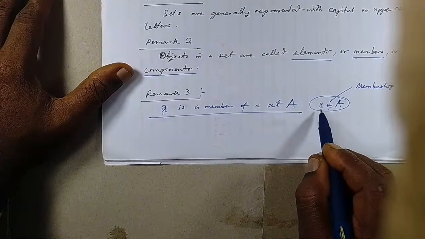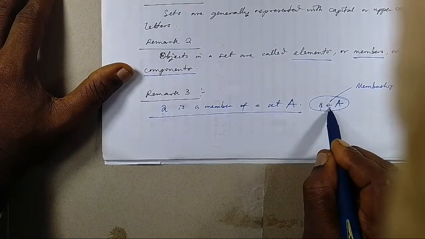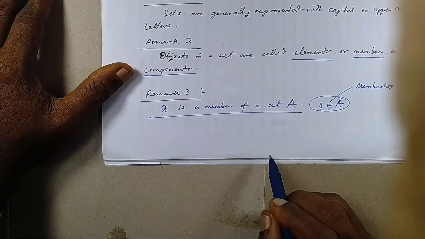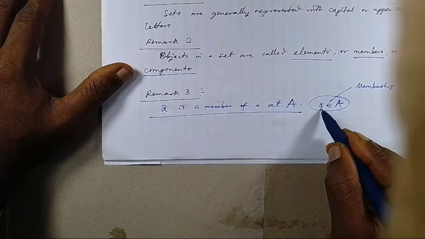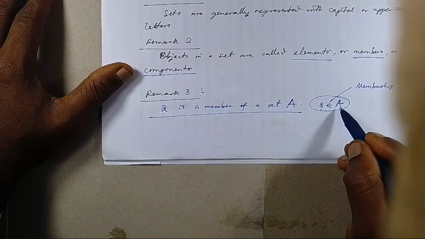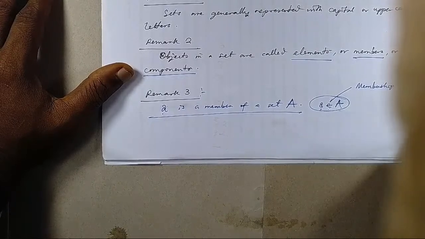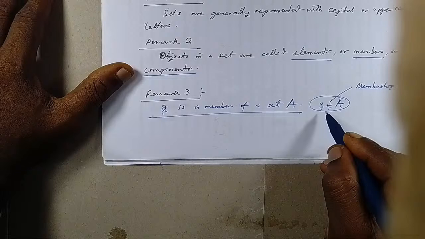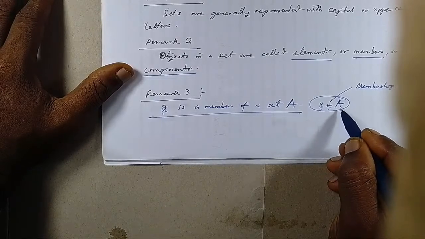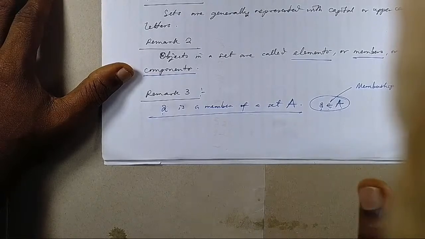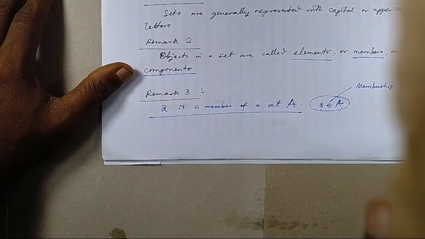I could say the element a is a member of the set A. If I don't want to use that statement, I could say the element a is an element of the set A. If I don't want to say that, I could use the language, the element a is contained in the set A. So anyhow you want to describe it, you will be referring to the same thing.